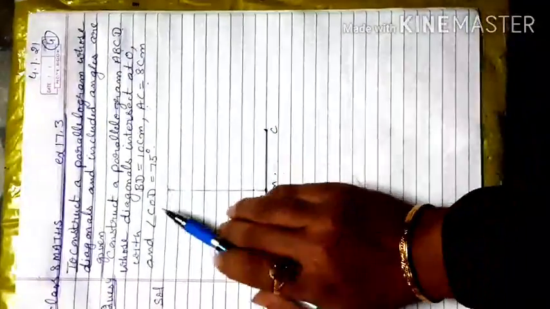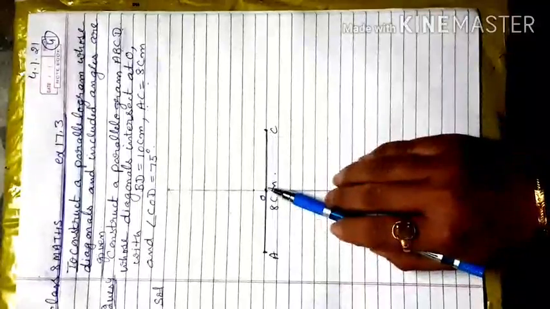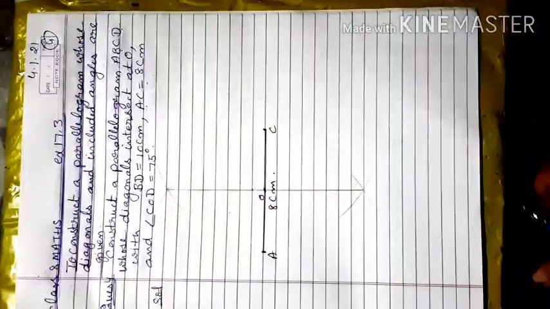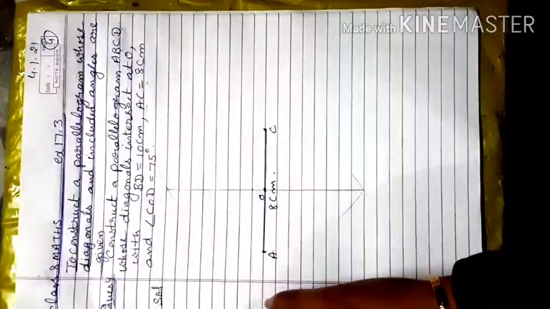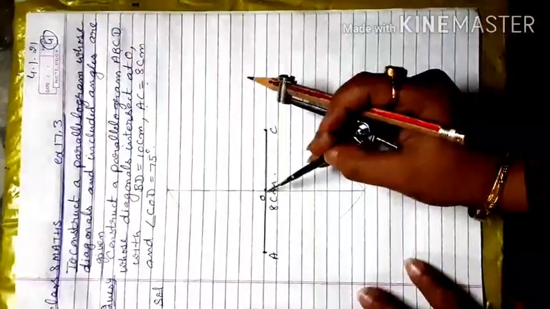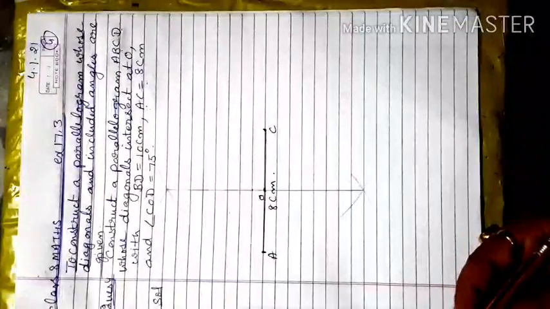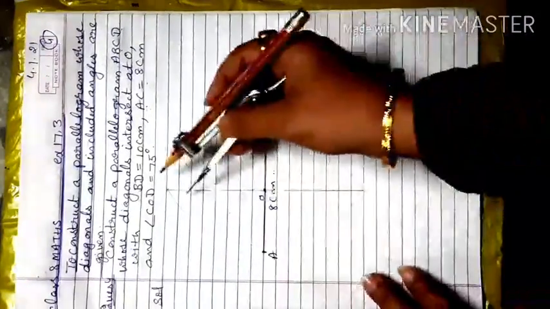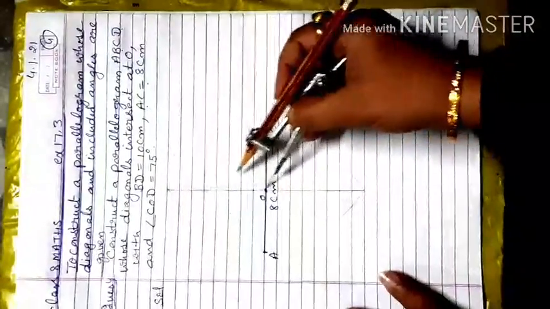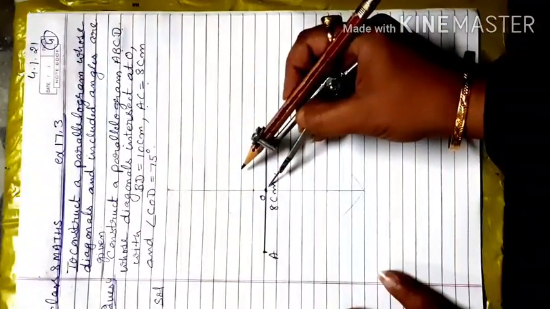Now you have been given COD, the angle going from CO, as 75 degree. So first I will draw the 90 degree angle at this point. Either you can draw 90 degree, or we can consider this perpendicular bisector, which also shows us a 90 degree angle.